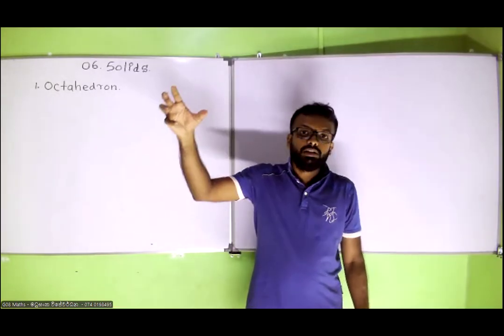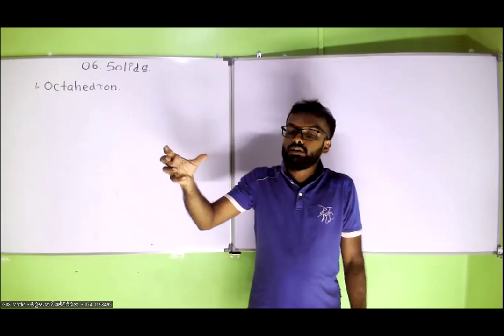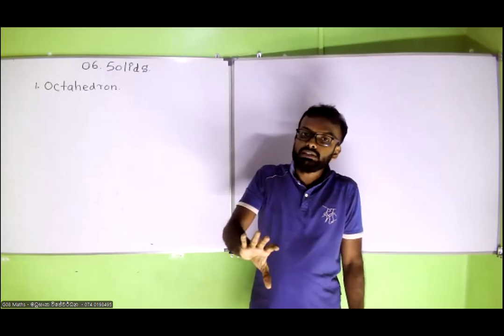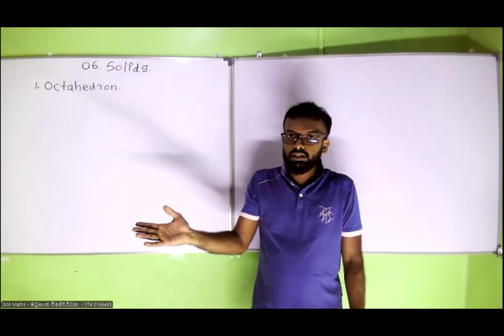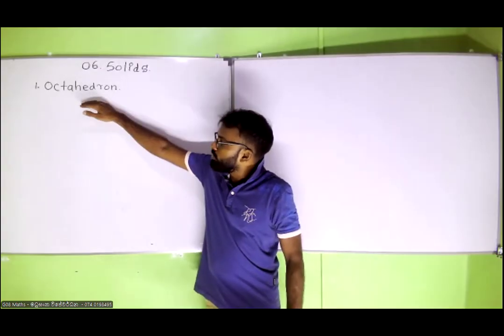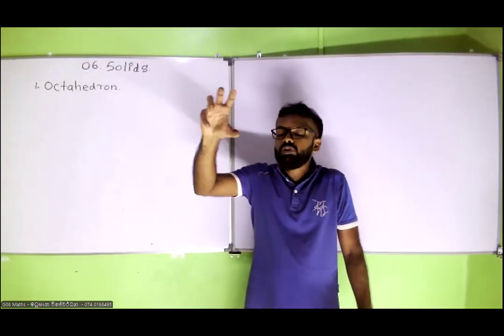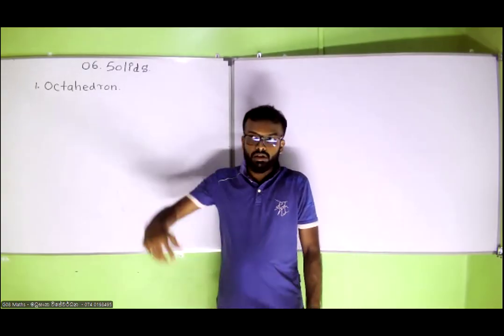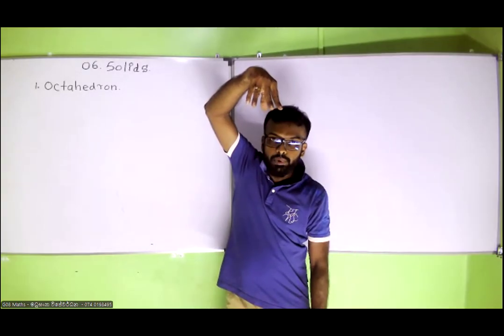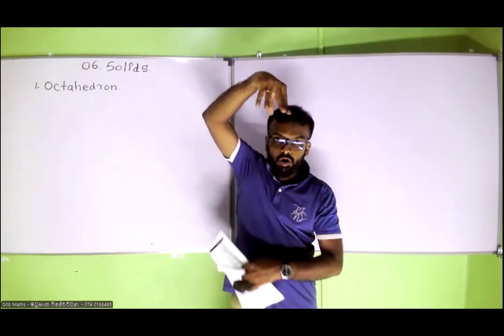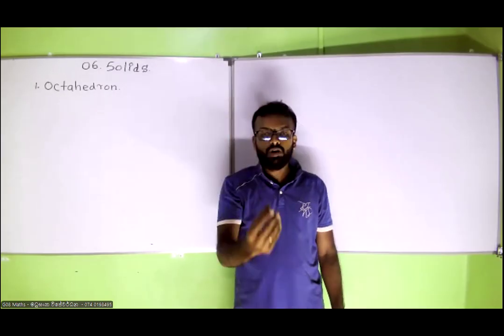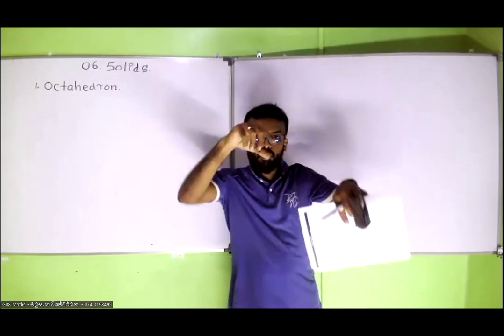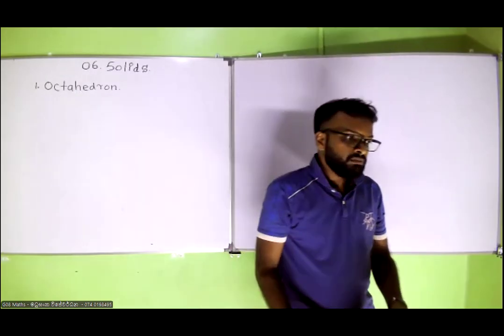But the solids that we have used already are very different. So for octahedron, the basic solid that we have used is the square pyramid, right? On top we have a square pyramid, and below, another square pyramid.